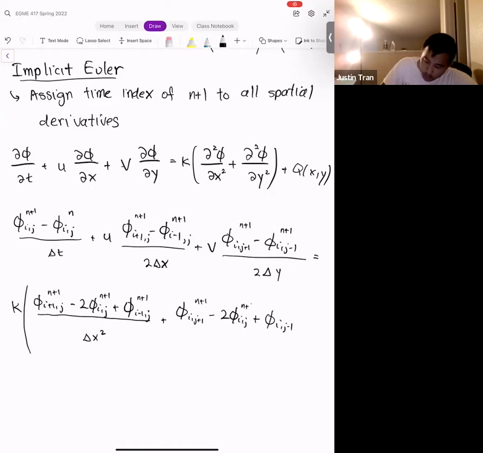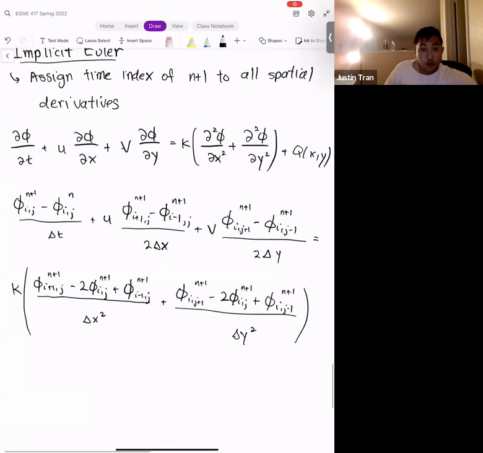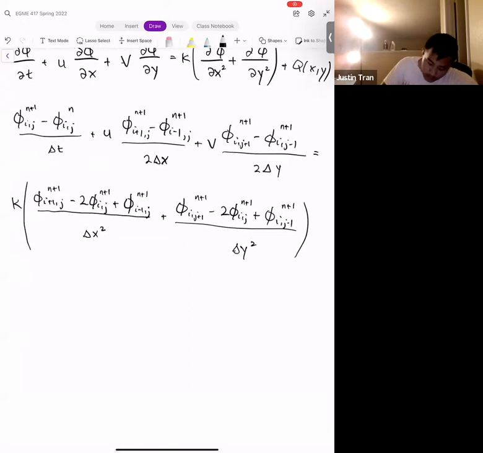Then we have the y derivative term. And then of course we have our source term, plus q at x_i y_j. We haven't multiplied by delta t yet.